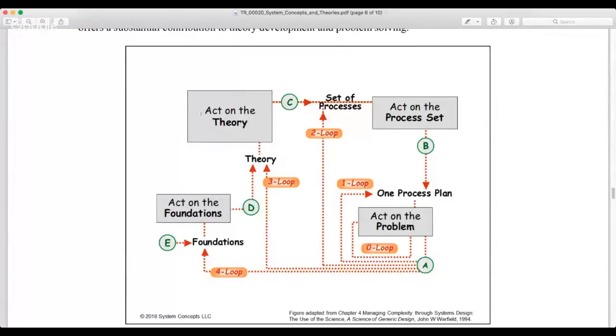Most people are acting on a problem or a process, or acting on a process set, right? And this is fine because they're restricted and focused on the customer and solving a problem for the customer.